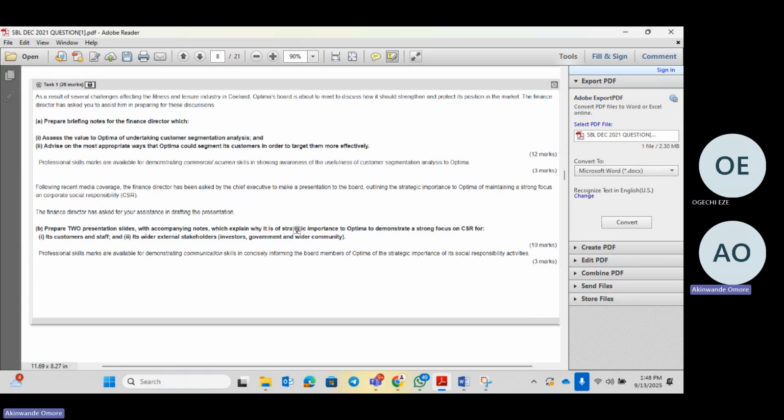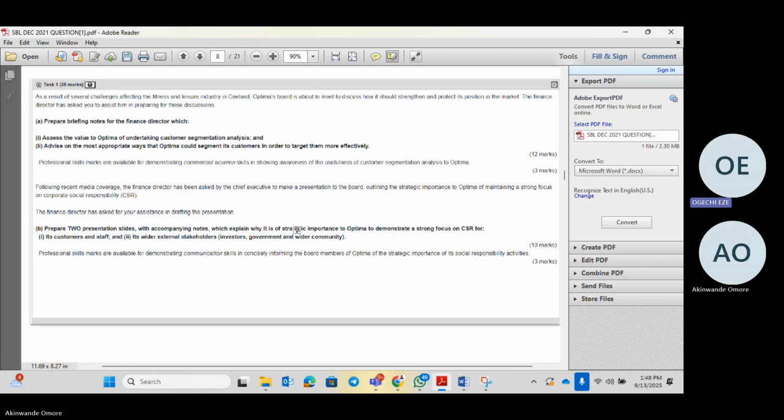The finance director has asked you to assist him in preparing for this discussion. Briefing notes for the finance director, which one assesses the value to Optima of undertaking customer segmentation analysis. So when you are assessing the value, what tools will you use?